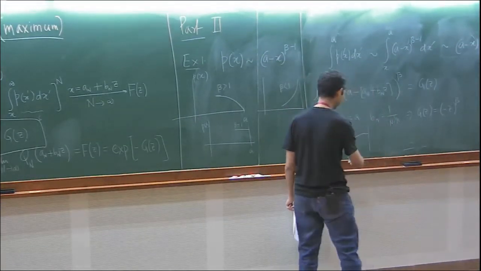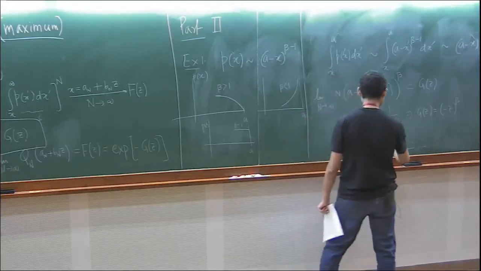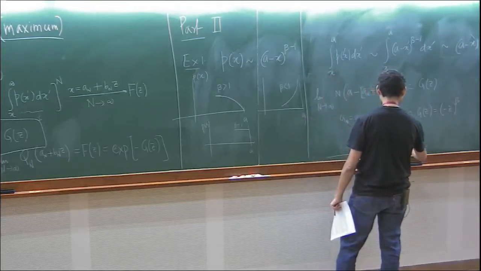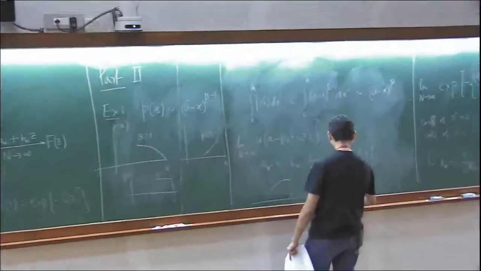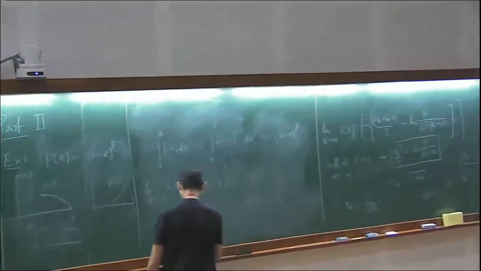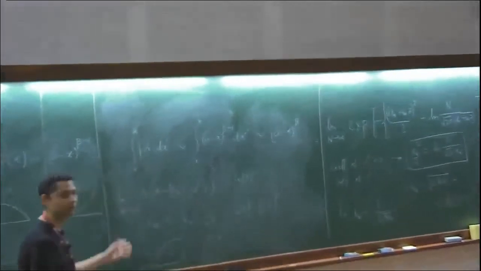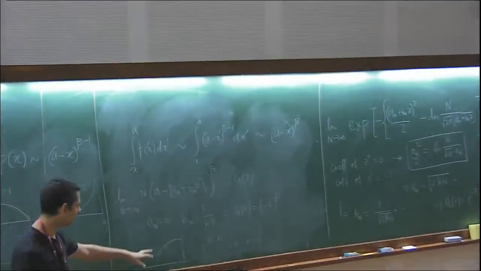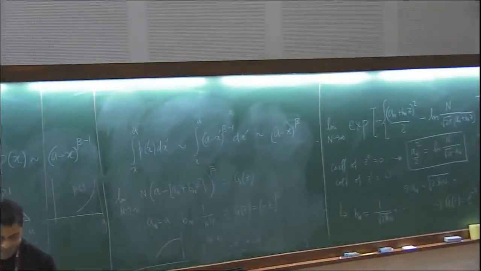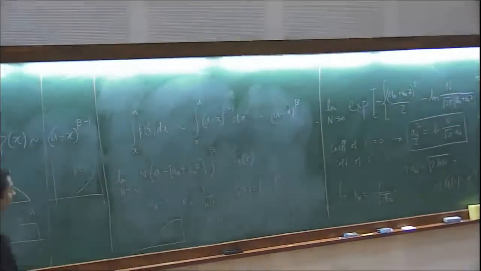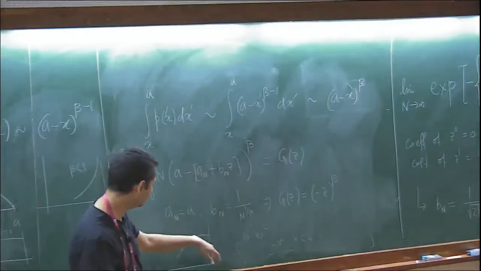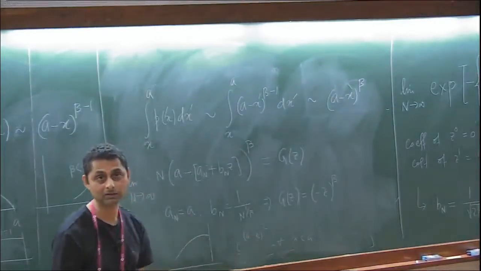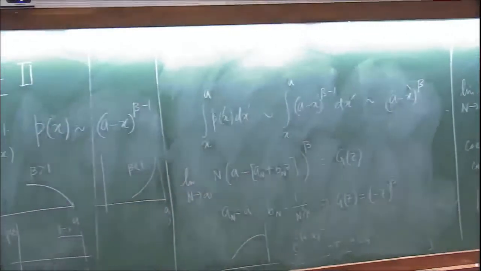That's a Gaussian exponential: exponential of minus (a minus x) whole square for all x less than a. Then again compute what you get. These were supposed to be exercises, but I didn't give them. You'll find that in fact you get beta equal to 1.